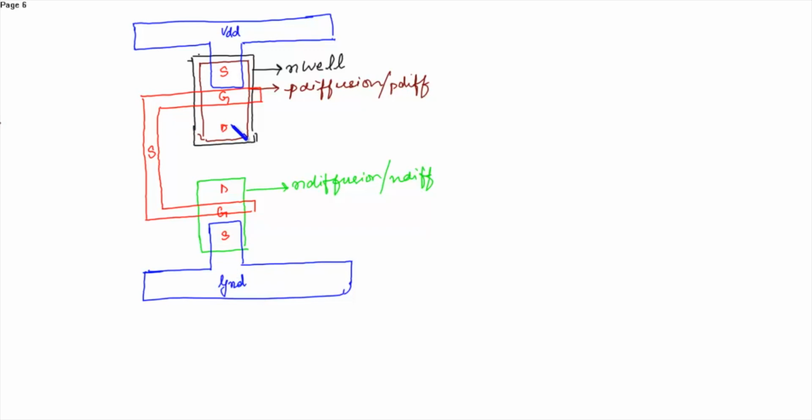The drain of the PMOS and NMOS are connected, at which we'll get the output. The output is S bar. This is the metal one.